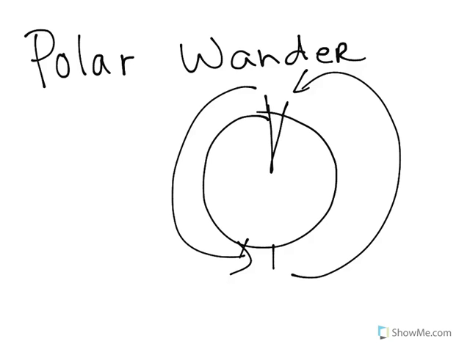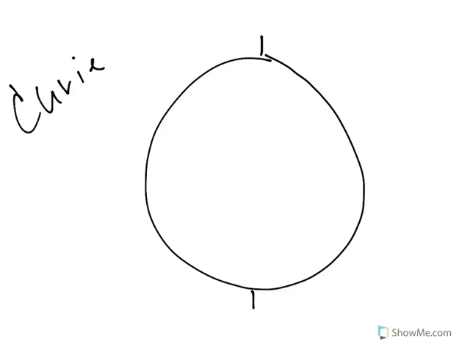There is a varying bit of degrees between them. Now, since we know that there are two poles on our Earth, our North Pole and our South Pole, we've also learned that rocks record that polar position. As you learned a few slides ago, we learned about the Curie point.